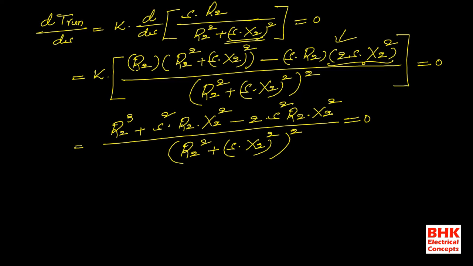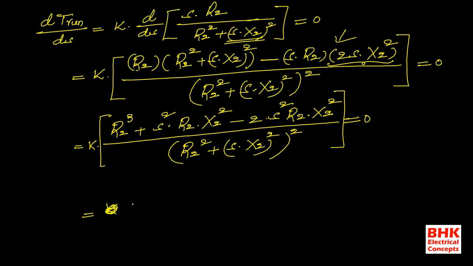Now you can observe here, k into this complete value is equal to 0. The denominator part is multiplied with 0, so you will get only k into 0. If I bring this k to the right side, 0 divided by something means you get 0 only, so this k is also gone.